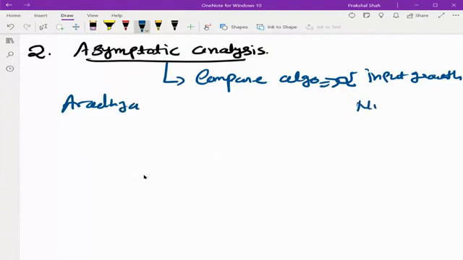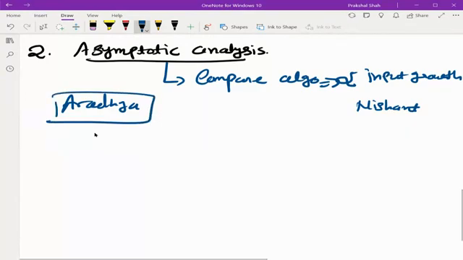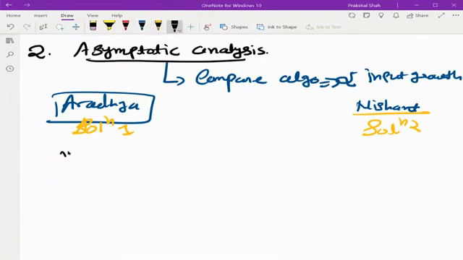Okay, so let's say this is Aradhya, this is Nishant. Now Aradhya has written his code, let's name it solution 1, and this is solution 2, which is written by Nishant. Now solution 1, when I run it with n equals to 4, let's say, for an example, can I say that hypothetically it will take 4 computer steps?